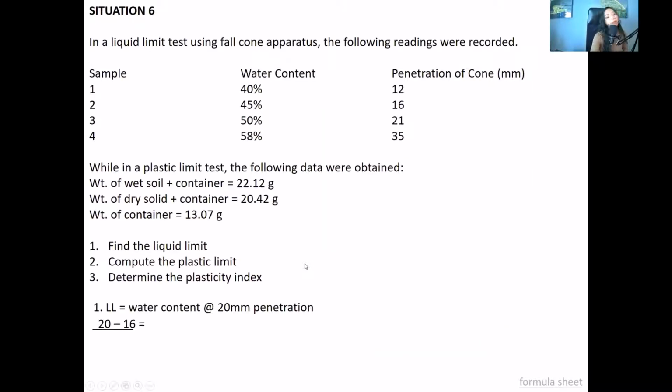So, ang nandun sa right-hand side equation ay kung saan siya nagmamatch. Yung moisture content ko at 20, yun yung x. And I know yung moisture content ko at 16 ay 45. So, x minus 45. And then, yung denominator ko is yung nagmamatch na water content dun sa 21 minus 16. Sa 21, meron akong 50%. Sa 16, meron ulit akong 45. So, the denominator will be 50 minus 45.